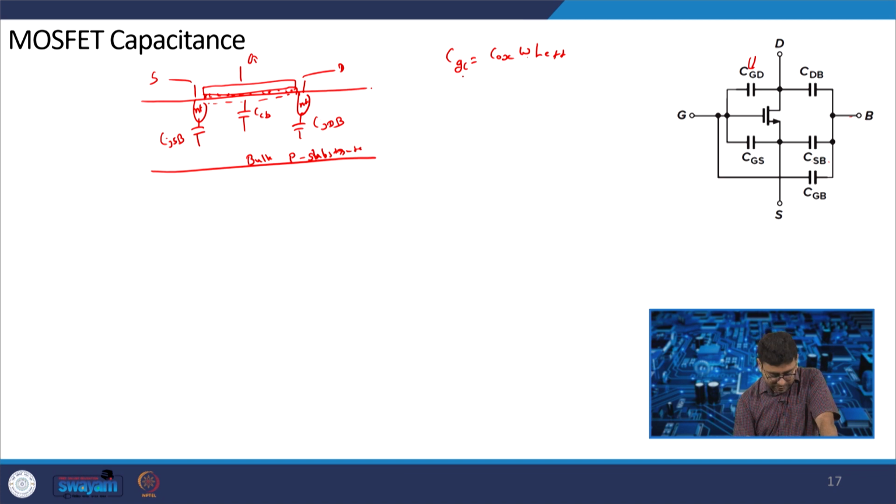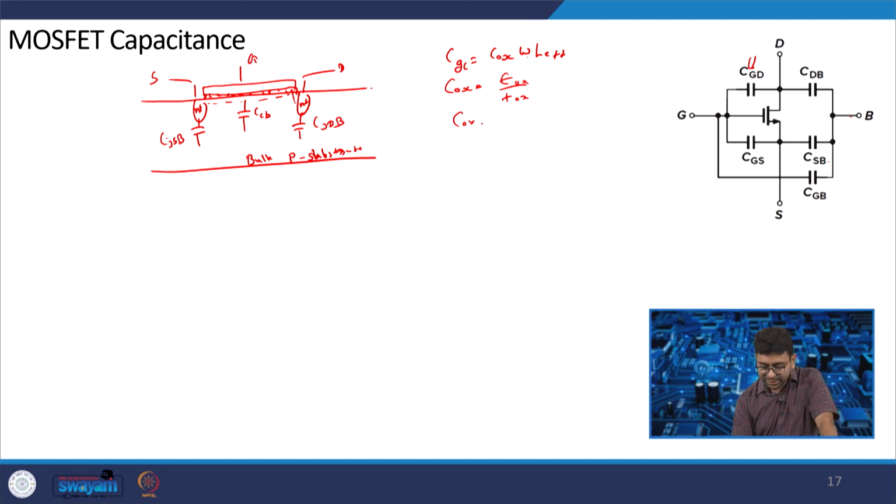So, this is the total gate capacitance CGC. Your oxide capacitance C ox, as shown in the last class, is epsilon ox by thickness of oxide. There is also an overlap capacitor, because there is an overlap of the gate over the drain and of the gate over the source.